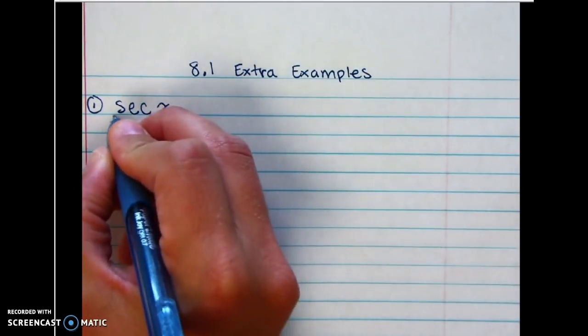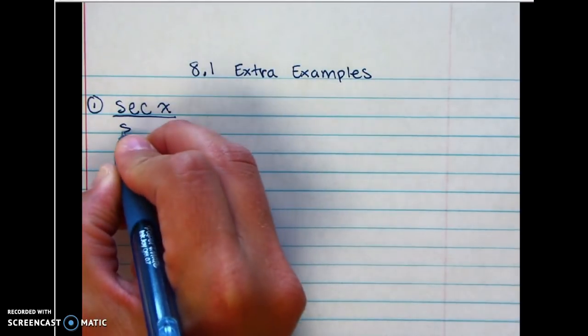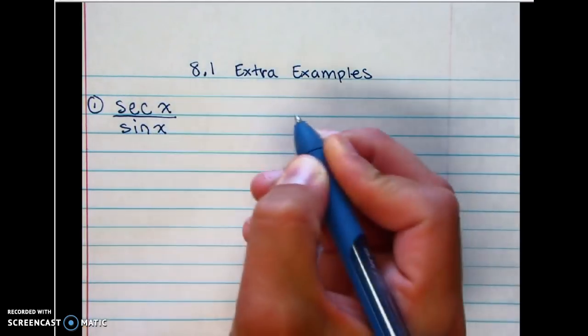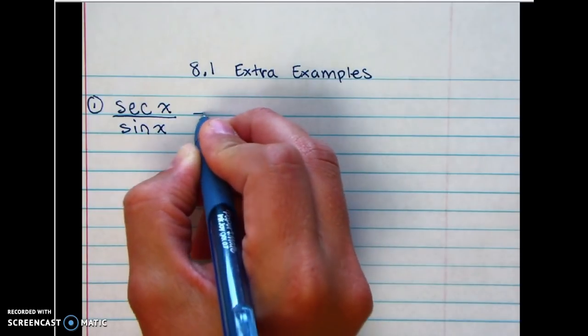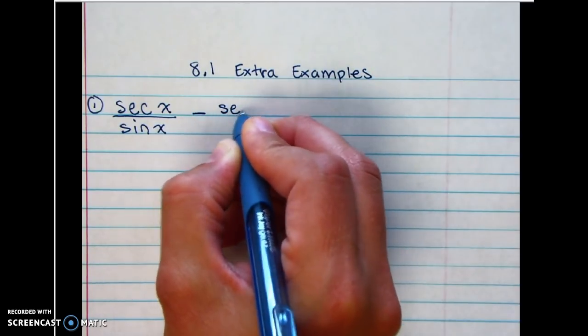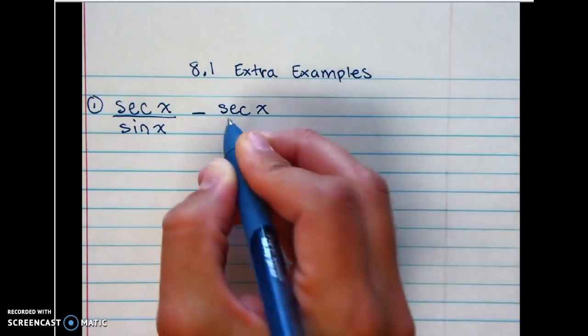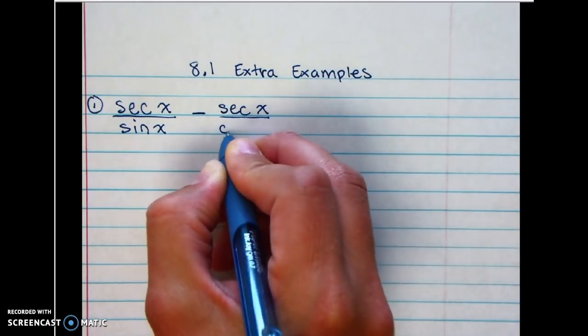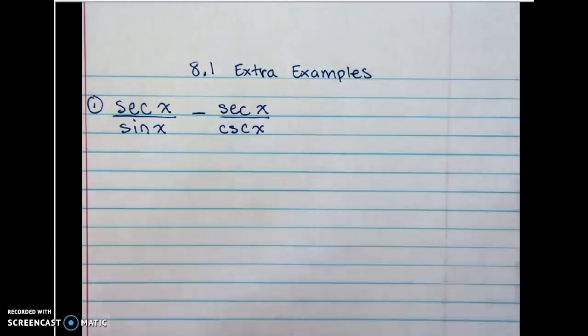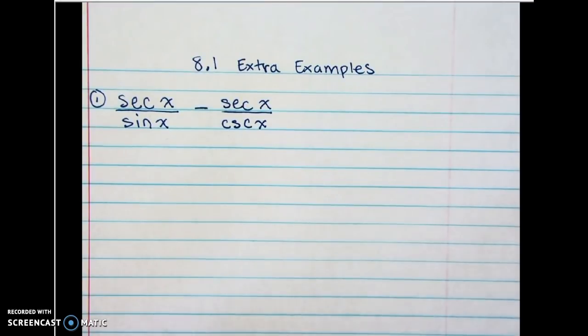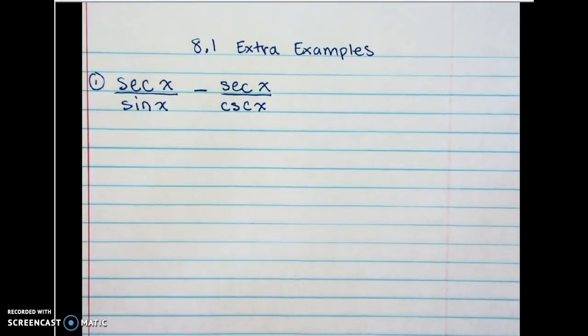We're just simplifying. We're not doing trig identities yet. Secant over sine minus secant over cosecant. Okay, so step 1 is to try and change everything into sines and cosines. You ready? Here we go.